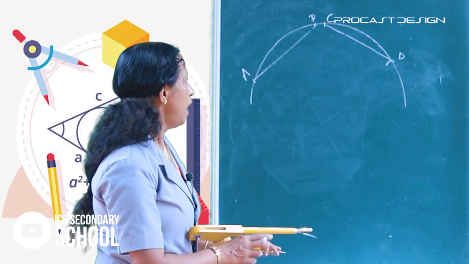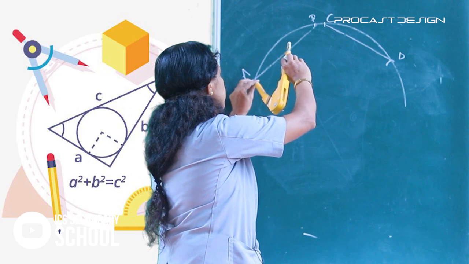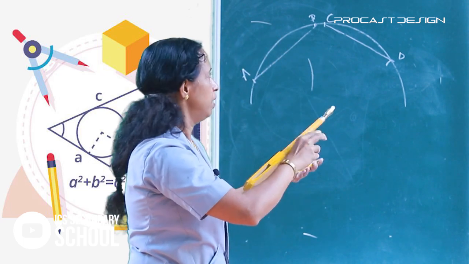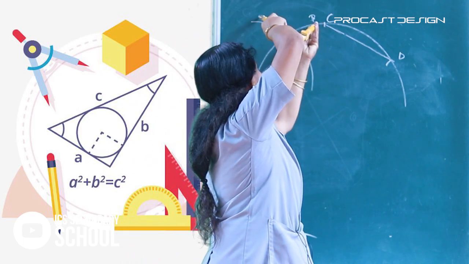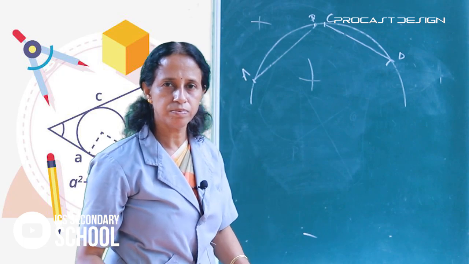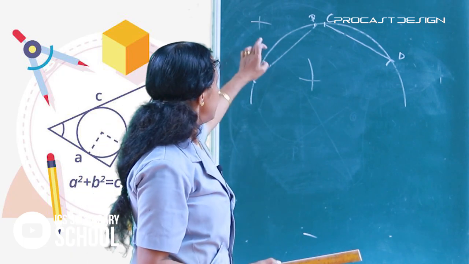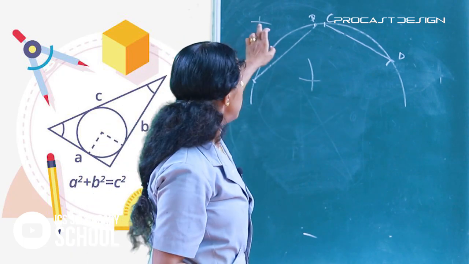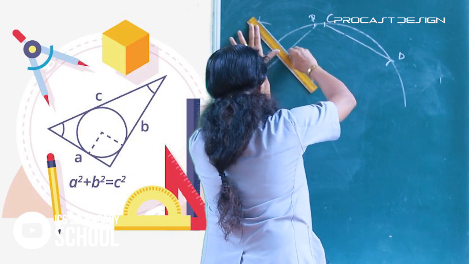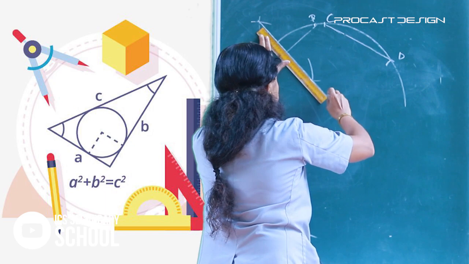Take a compass and measure this. Draw an arc. Connect these 2 points. Extend it.